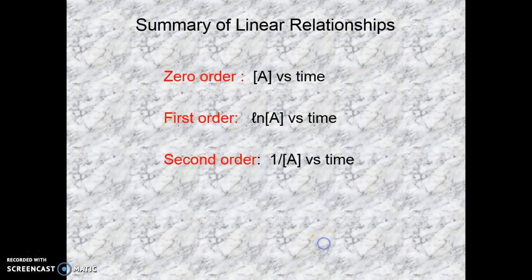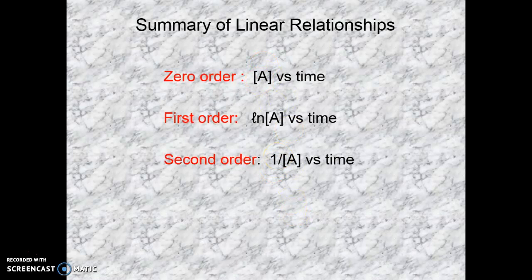So to summarize these very important relationships, to get a linear relationship, you want to take the concentration of A versus time for zero order, the natural log of A versus time for first order, and 1 over the concentration of A versus time for second order. So these are the ones that are going to give you the linear relationship.